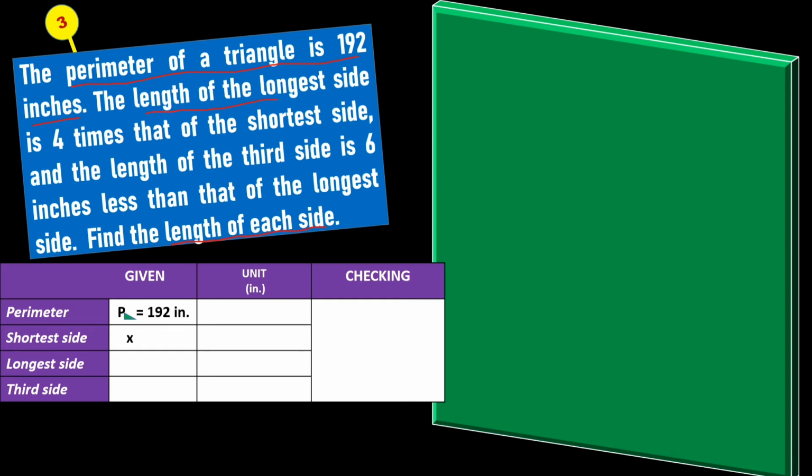And the length of the longest side is 4 times that of the shortest side. So yung longest side, 4 times ng shortest side. So ang kanyang equation ay 4x. And then the length of the third side is 6 inches less than that of the longest side.